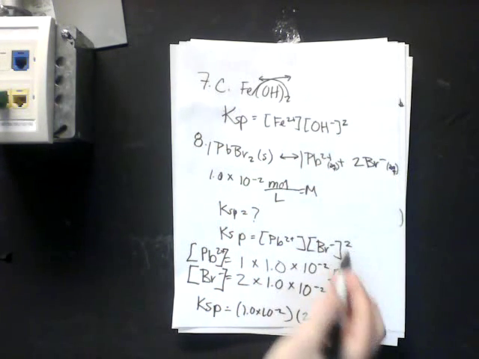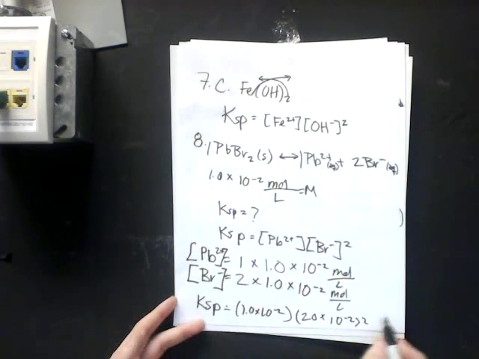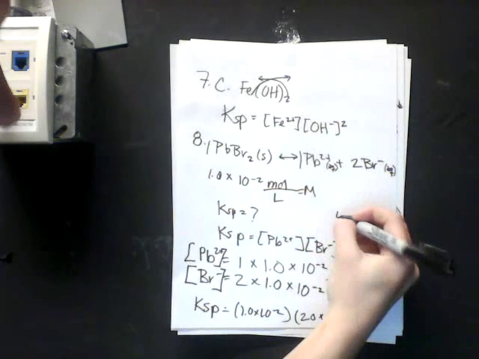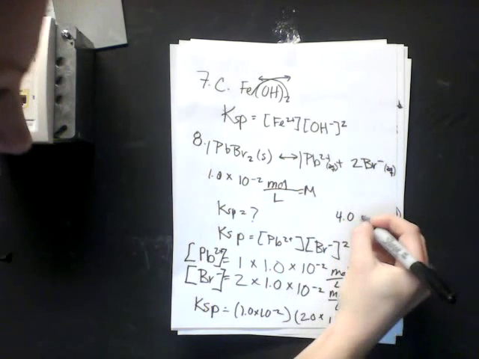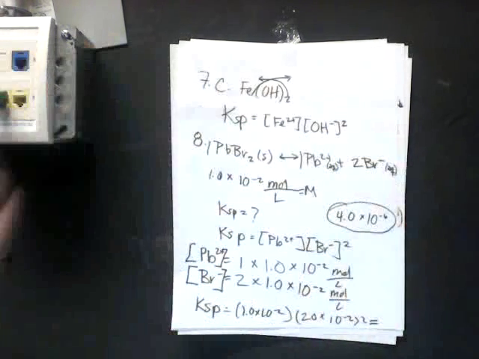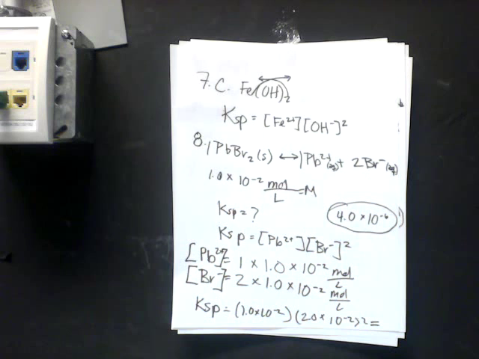That's my Ksp expression where Br is squared, and that'll be my Ksp. And that value, even though you have an answer key, is 4.0 times 10 to the negative 6. Okay?